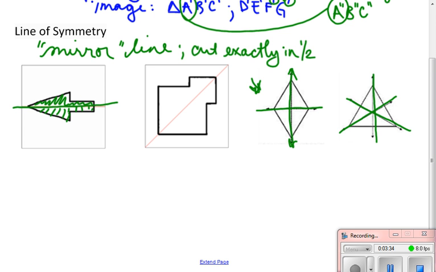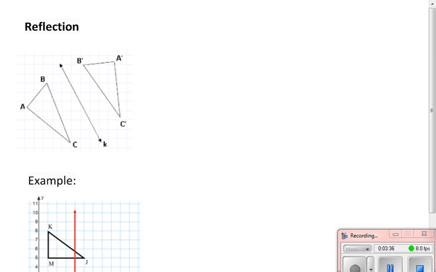Now, what kinds of transformations can we do? The first kind of transformation is called a reflection, and this is a flip over a reflection line.